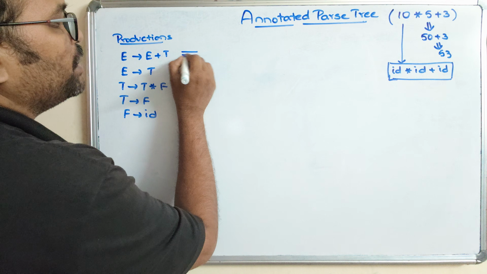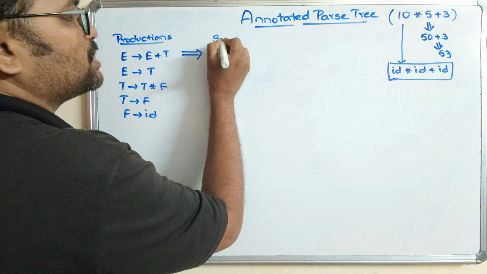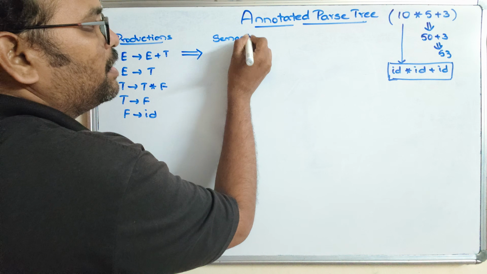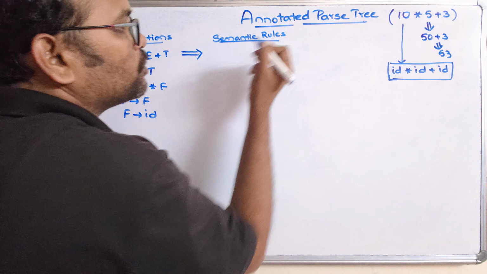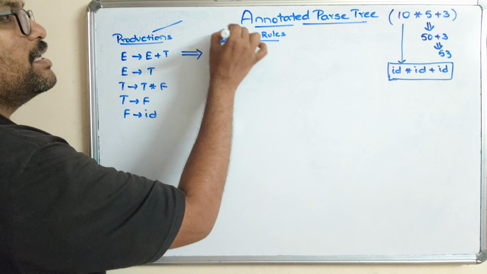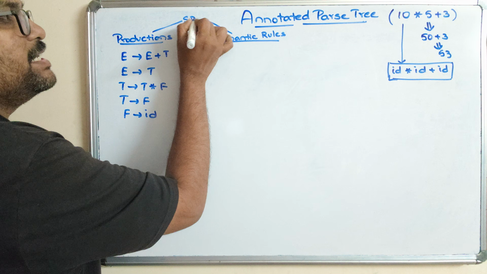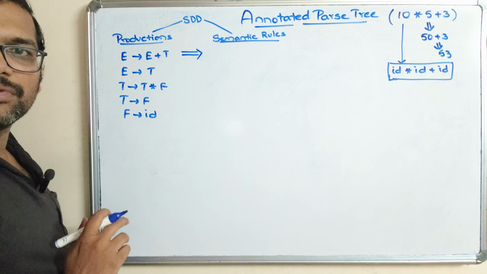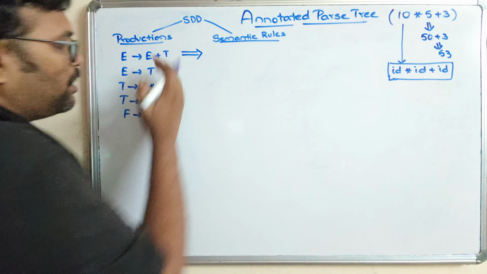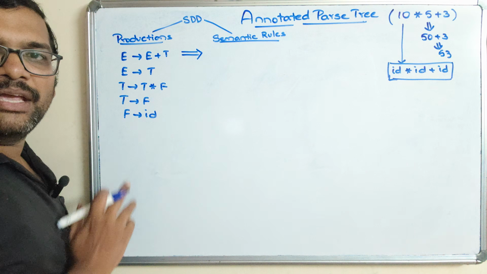For this we need to write the semantic rules. We know the SDD, syntax directed definition, is a combination of productions and semantic rules. Here everything is a value.